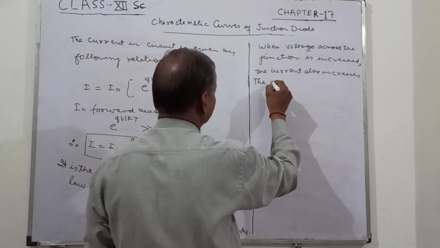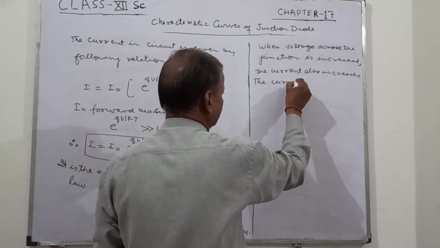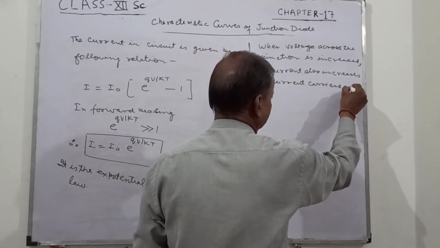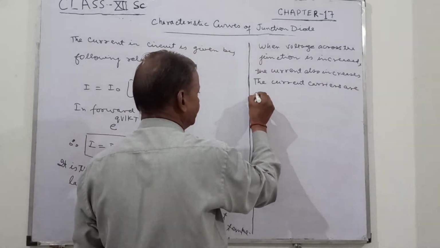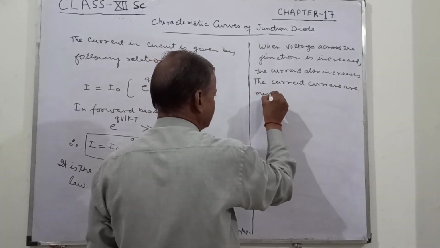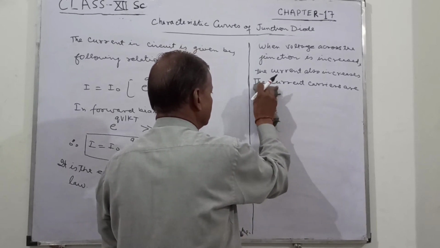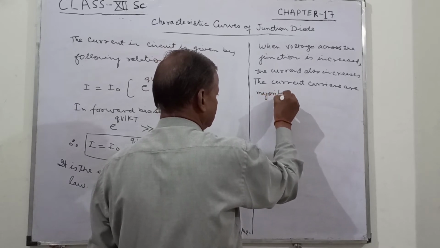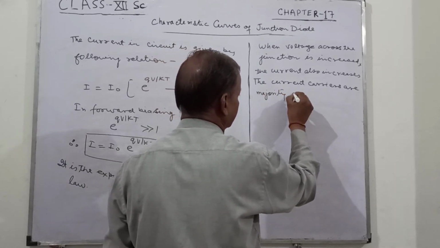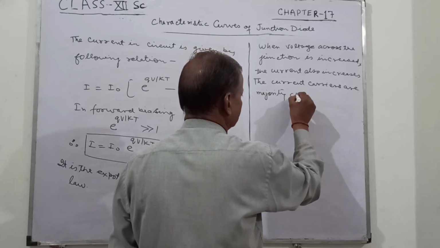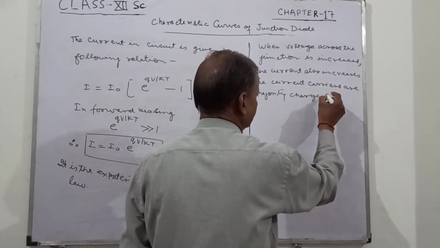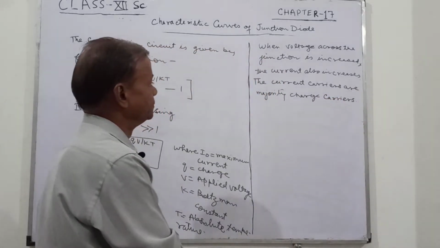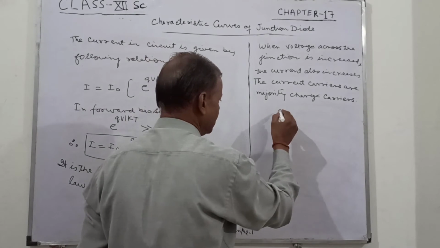The current carriers are majority charge carriers. So now the curves are like this.